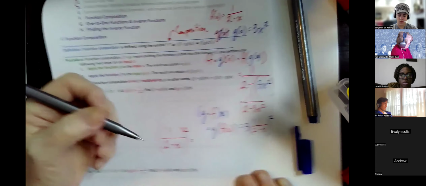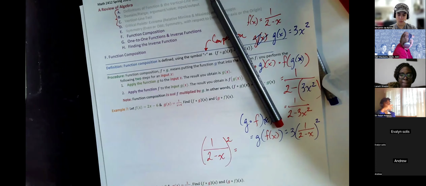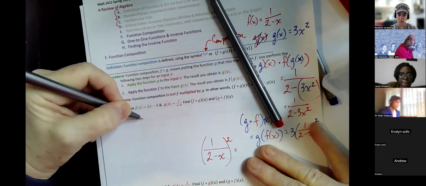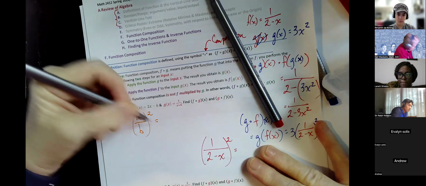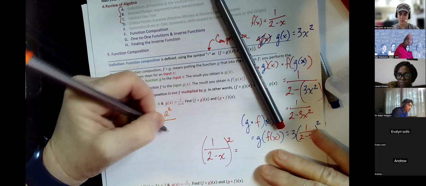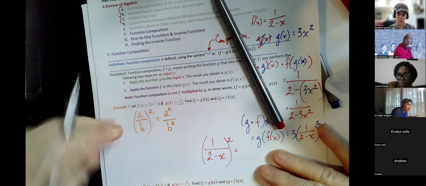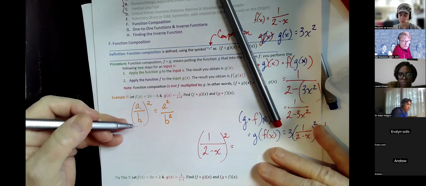So if we have a over b squared, that is the same as a squared divided by b squared. So you just square the numerator and square the denominator.